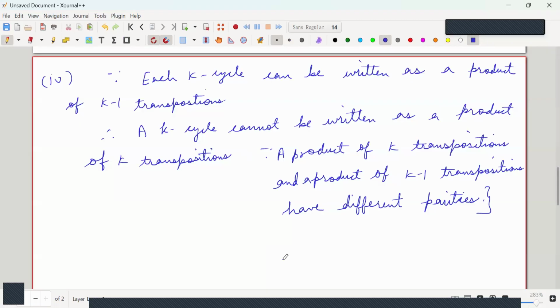But it can be written as a product of, to say, K plus 1 transpositions, right?